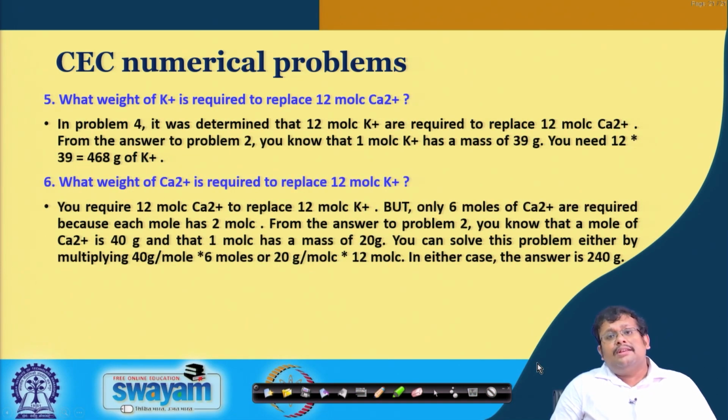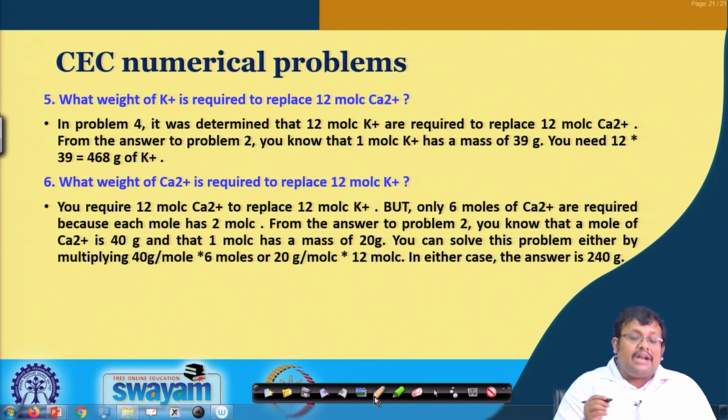Now, the fifth question is, what weight of potassium is required to replace 12 molar charge of calcium? In problem 4, the previous problem, it was determined that 12 molar charge of potassium is required to replace the 12 molar charge of calcium.